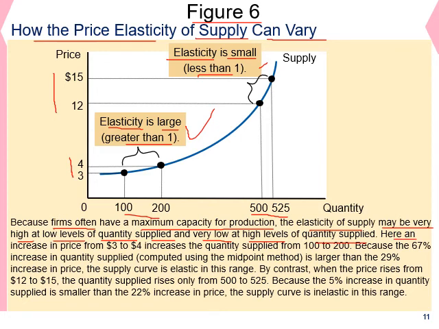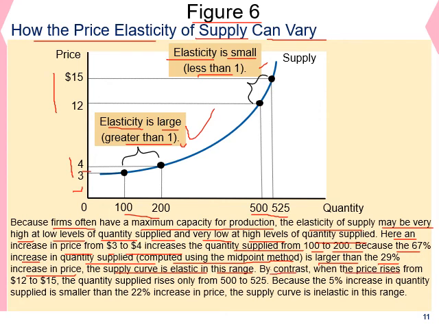For instance, here an increase in the price from $3 to $4, with the quantity supplied going from 100 to 200, because the 67% increase in the quantity supplied computed using the midpoint formula is larger than the 29% increase in the price, the supply curve is elastic in this range.